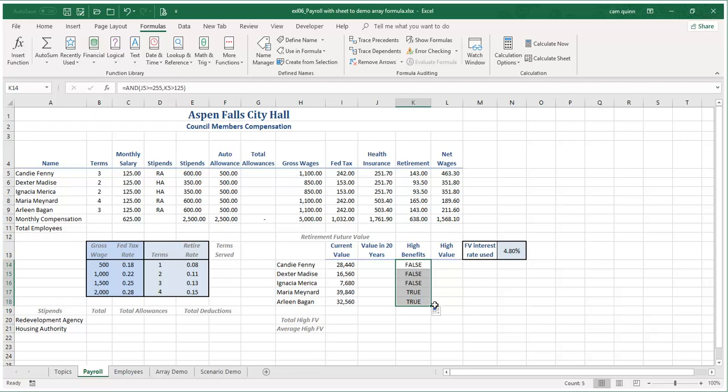For the high value, it's if their term is greater than or equal to 4, or their current retirement, which is down here, is greater than 30,000. So I'm going to use logical OR, and I'm going to look at term.